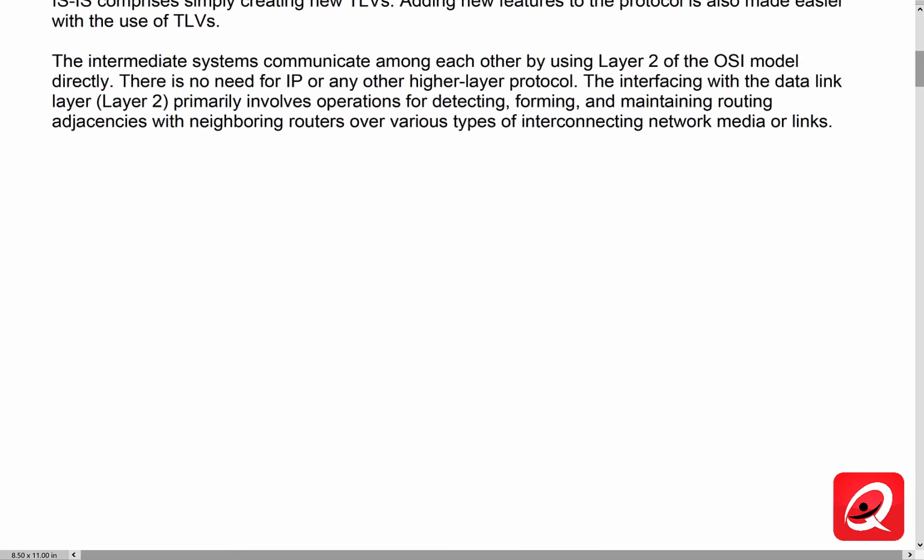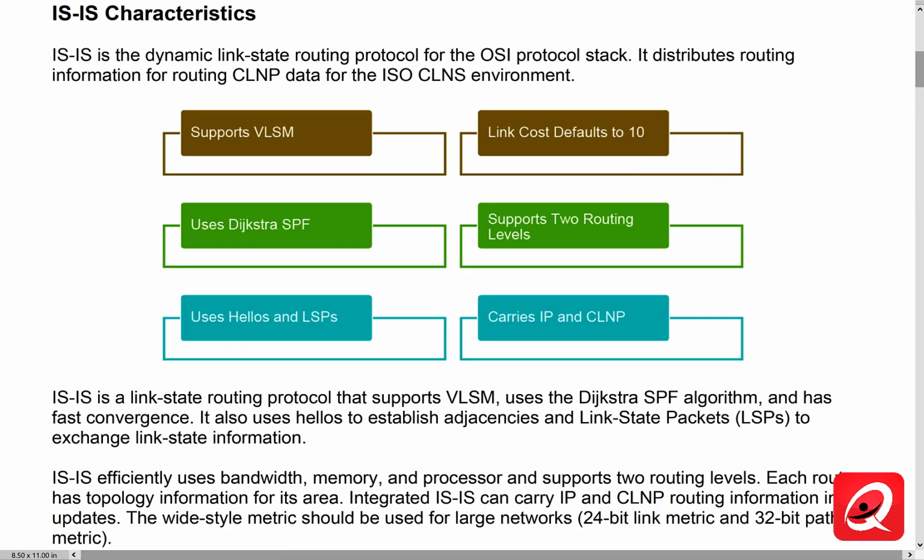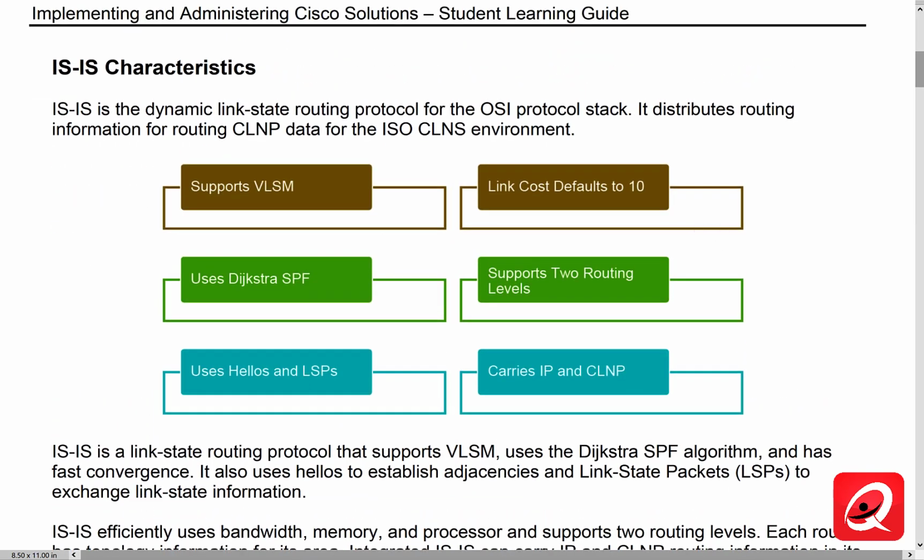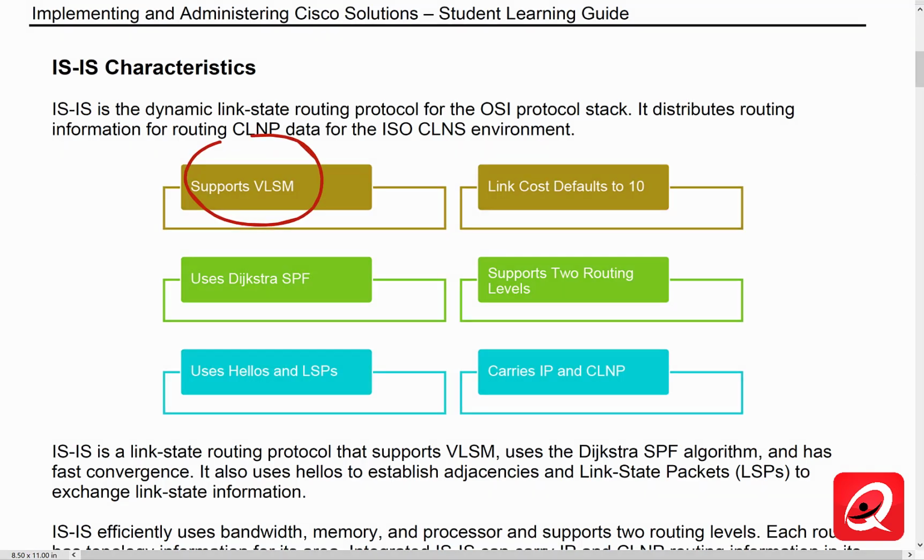All right, so let's take a look at some of the other characteristics of the protocol itself. It does support VLSM, so it is what we refer to as a classless routing protocol, but OSPF also by default was a classless routing protocol. We do use Dijkstra's algorithm.